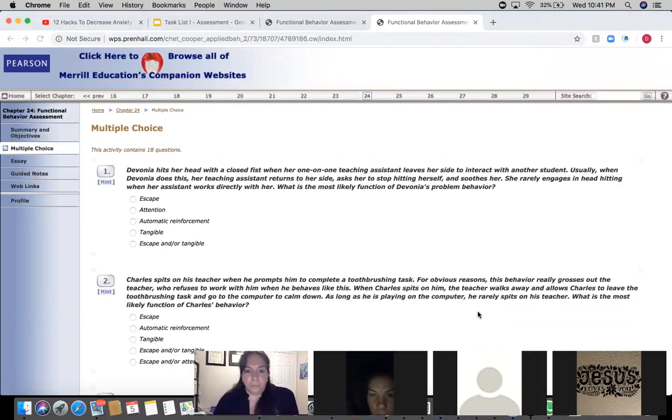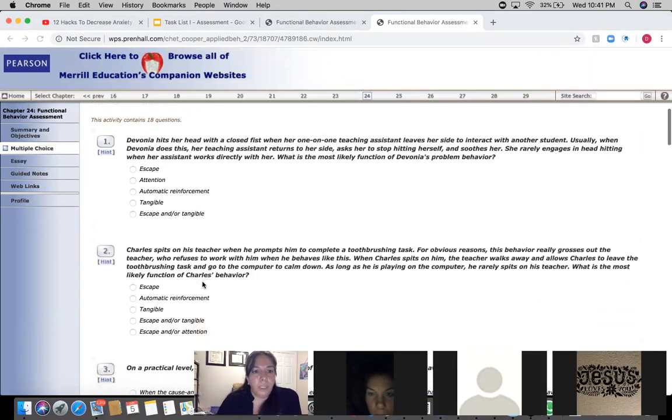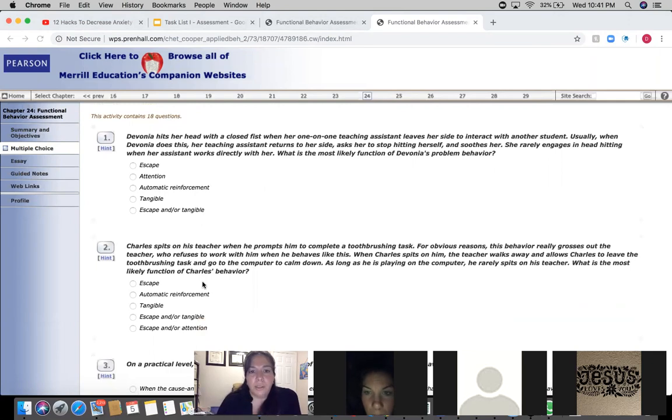All right, ready? Devonia hits her head with a closed fist when her one-on-one teaching assistant leaves her side to interact with another student. Usually, Devonia does this. Her teaching assistant returns to her side, asks her to stop hitting herself, and soothes her. She rarely engages in head hitting when her assistant works directly with her.